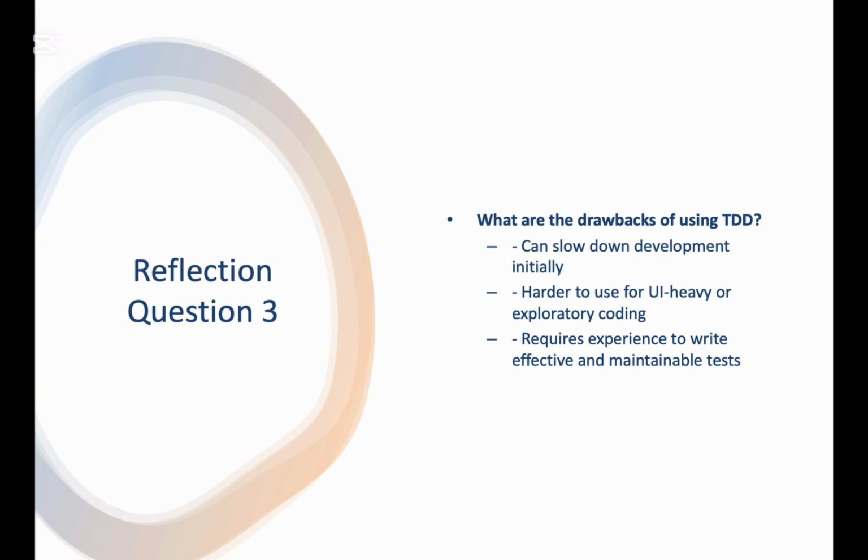As for the drawbacks of using test-driven development, we noticed a few. First, it can slow down the development process, especially in the early stages. Writing tests for every small unit of code takes a lot of time. Also, TDD doesn't work well for user interface heavy or exploratory tasks where behavior is less predictable.